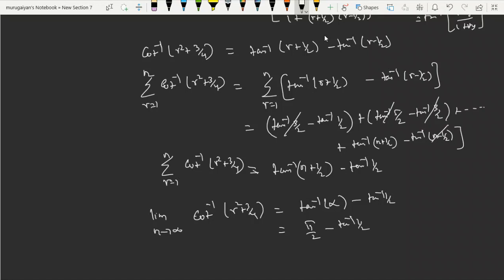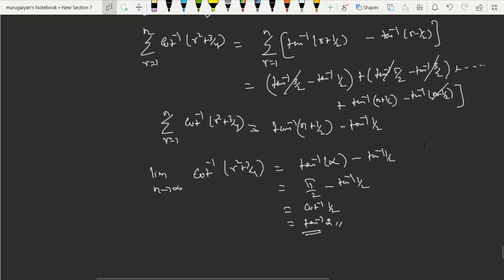Using properties of inverse trigonometry function, pi by 2 minus tan inverse of 1 by 2 is cot inverse of 1 by 2, or tan inverse of 2. Cot inverse of 1 by 2 equals tan inverse of 2. Dear student, tan inverse of 2 is the final answer.